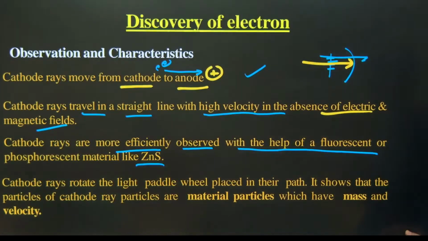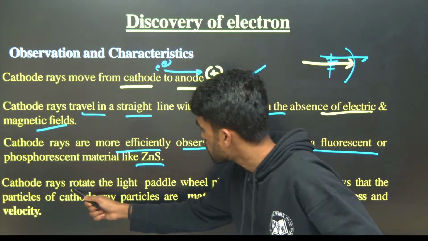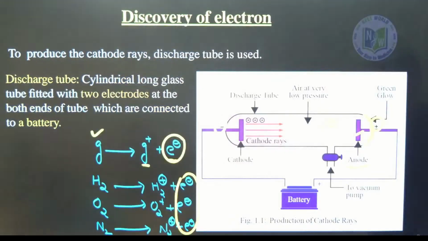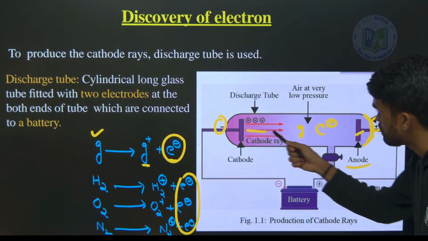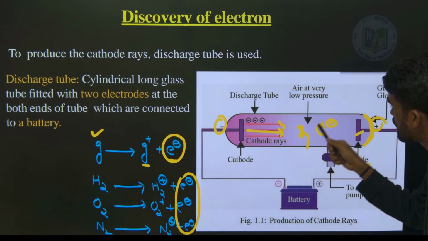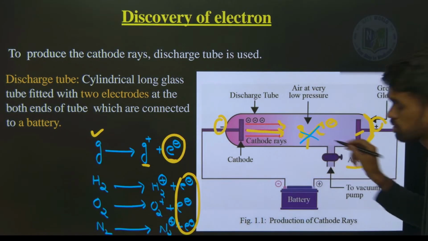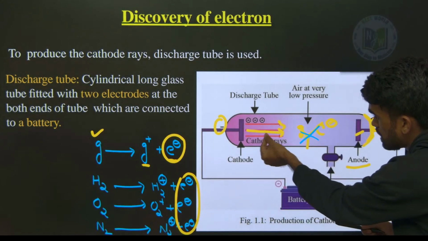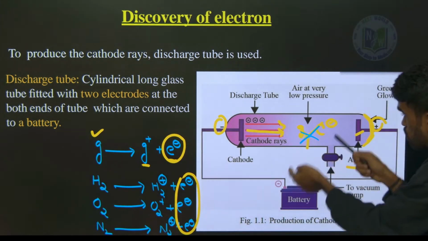Okay, next. Cathode rays rotate a light paddle wheel placed in the path. For example, here an electron beam is coming. If I place a paddle here, what happens to this paddle? These electrons will come and hit this paddle. So now what happens to the paddle?